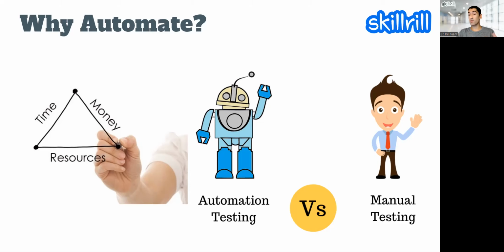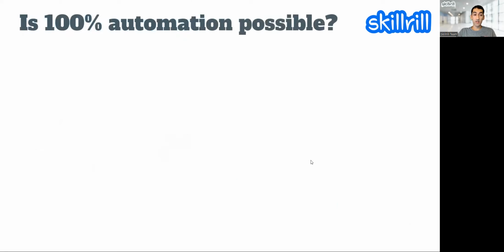The test cases are running automatically overnight, after work hours, for example, or during the daytime. So the time that was supposed to be spent for test execution is saved, and then your testers or other personnel can work on certain other tasks which need human touch. And we'll get to that question next.